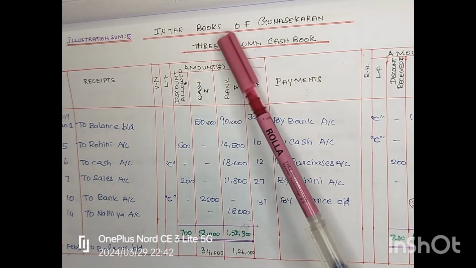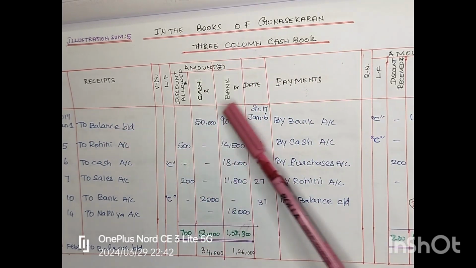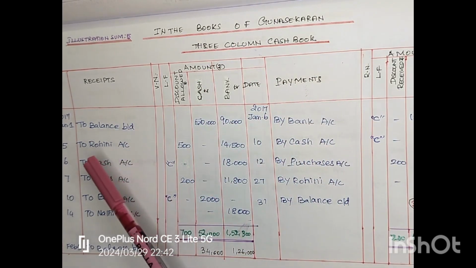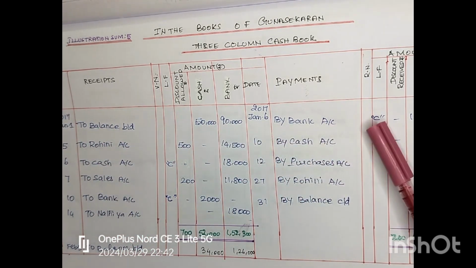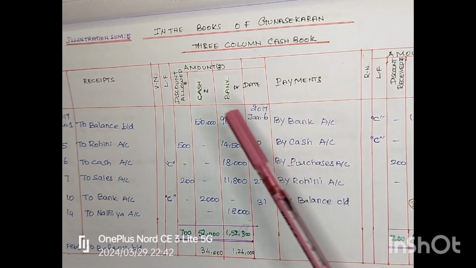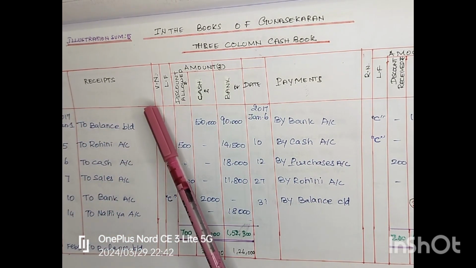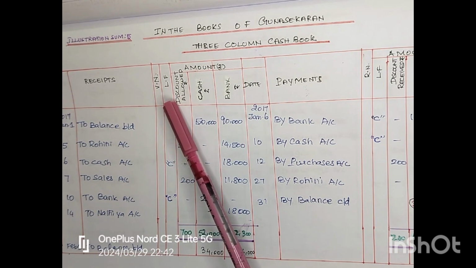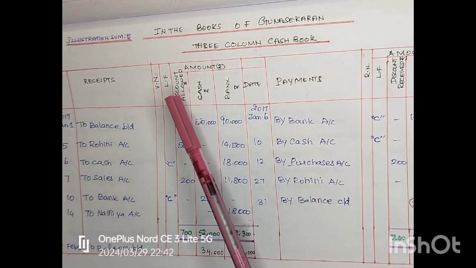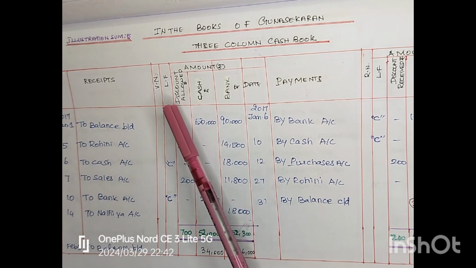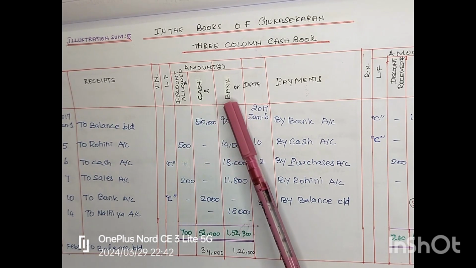That is, in the books of Gunasekaran, 3-column cash book. The 3-column cash book is divided into 2 parts. The left hand side, the debit side, we call debtor, and the right hand side, the credit side, we call creditor. The left hand side contains 5 columns: date, receipt, VN means voucher number, LF means ledger folio. The amount columns are subdivided into 3 columns: discount allowed column on the debtor side, cash rupees and bank rupees.